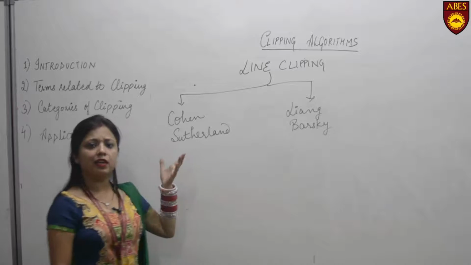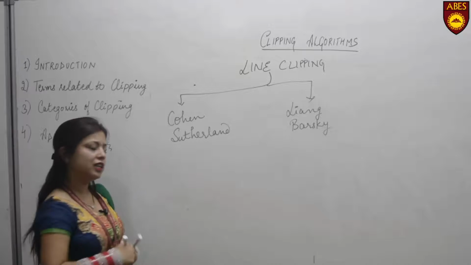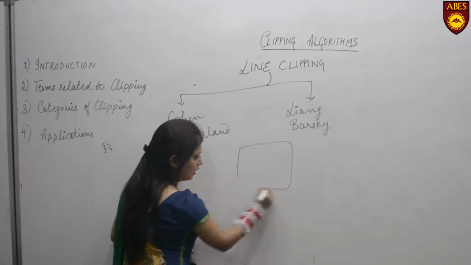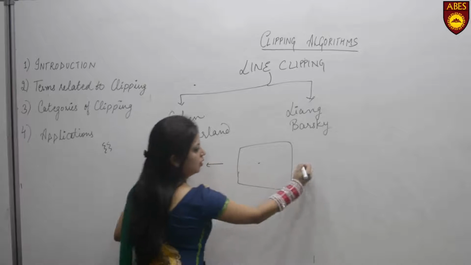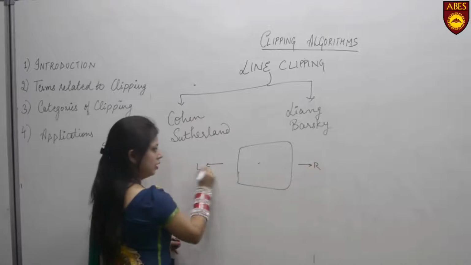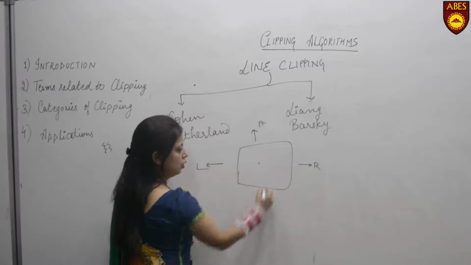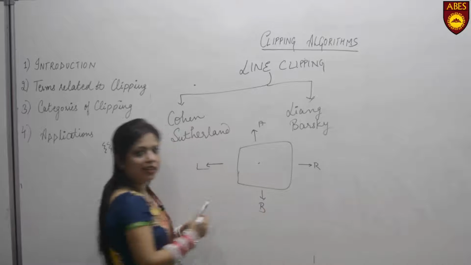Now the idea we have is that a point is retained if it is within the window. When you say the point is within the window, that means it is neither to the left nor to the right, neither above the window nor below the window, right?